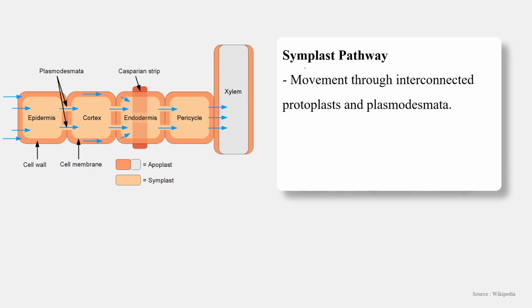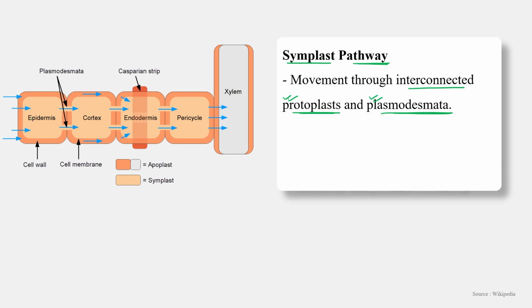Second movement is symplast movement, meaning movement through interconnected protoplast and plasmodesmata. Movement of water through interconnected protoplast from one cell to another cell, right? Through protoplast and plasmodesmata occurs via symplast movement.